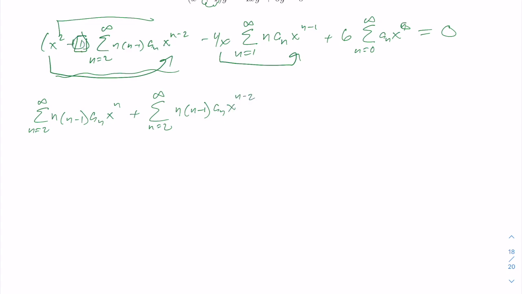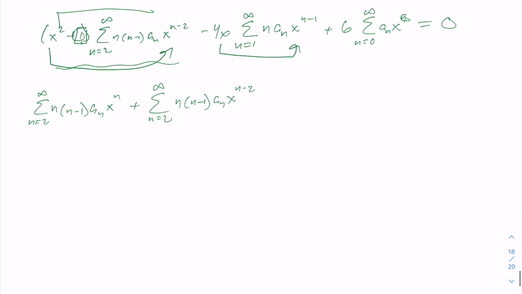So that's the 1, right? Then I have minus, I'll send in the 4, the sum n equals 1 to infinity of 4n a sub n x to the n, plus the sum n equals 0 to infinity of 6a sub n x to the n equals 0.